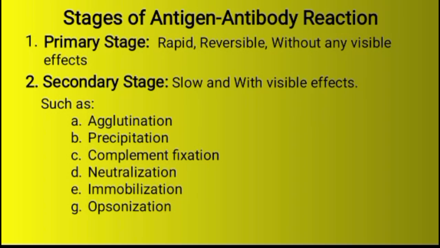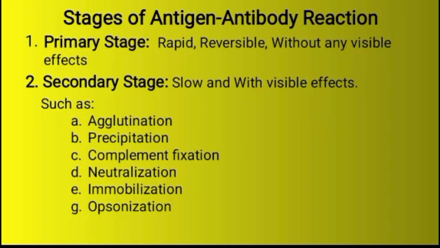Second stage, this is usually applicable to B cells before the production of memory cells within the body, that is in vivo. In vivo, we can have a lot of reactions like agglutination, the clumping between the antigen and antibody.